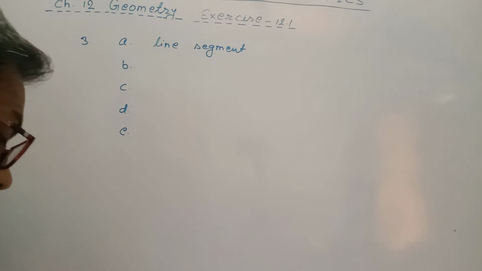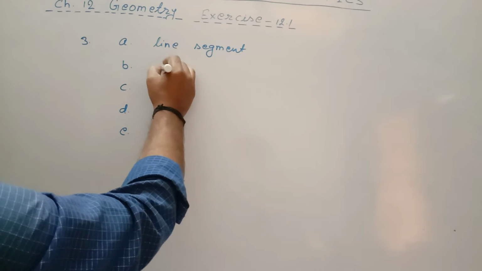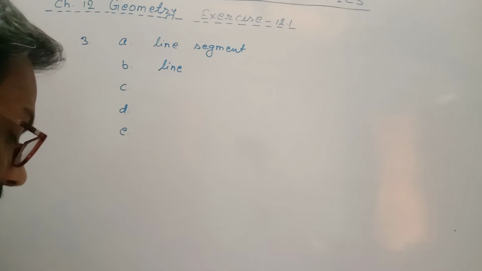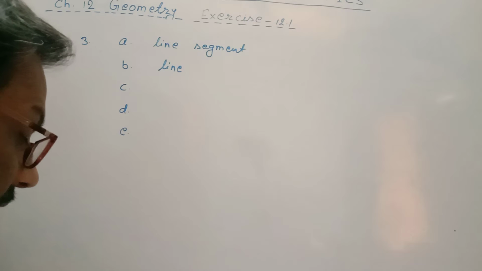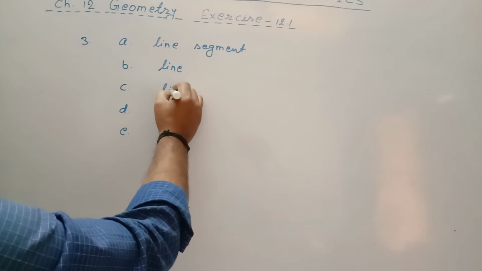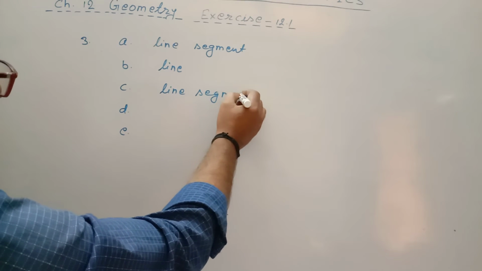In question number B, PQ is a line because it has two arrowheads, no endpoints, no starting point. So PQ is a line. Question number C, MN is a line segment.